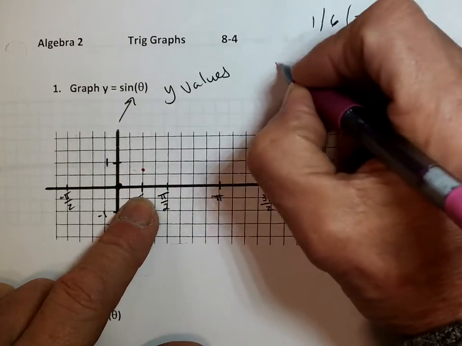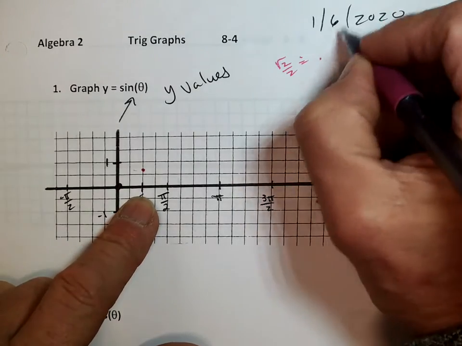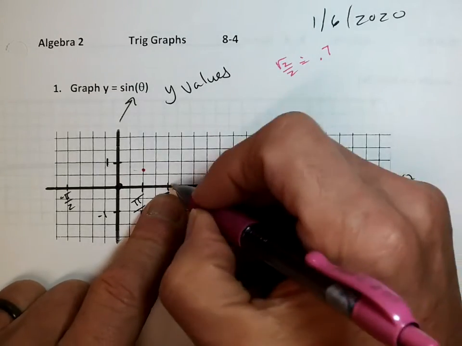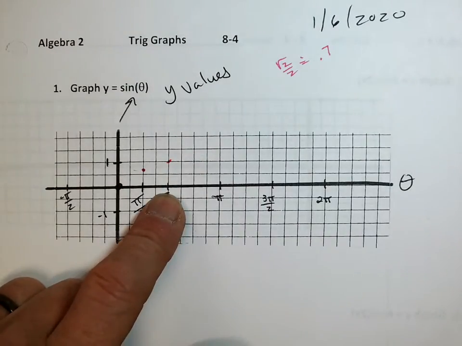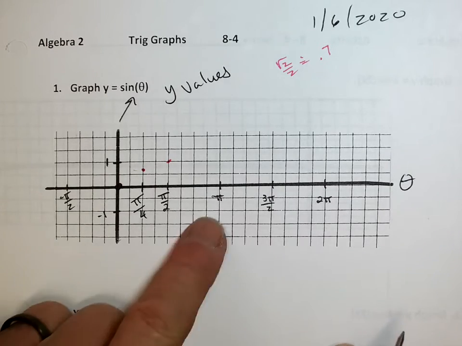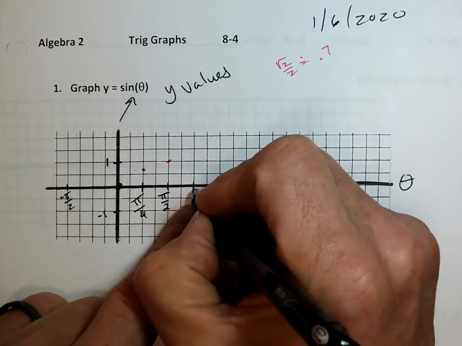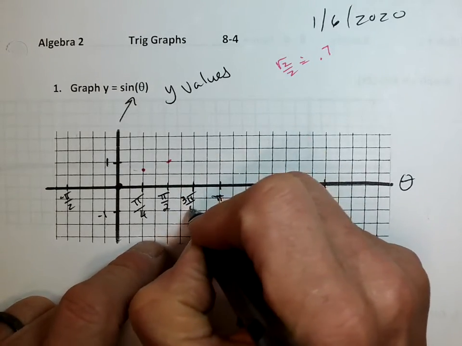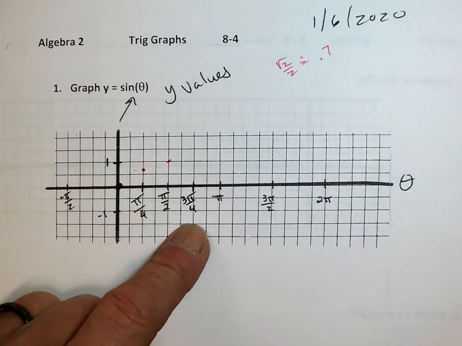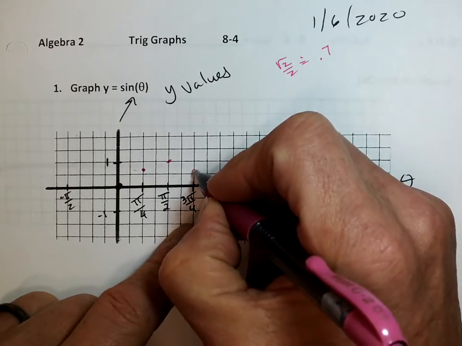Pi halves, the y value is 1. We're getting that from the unit circle or from your chart that you just did in your book. Now 3 pi fourths is right about here, and the value of 3 pi fourths is square root of 2 over 2, which is about 0.7. So we'll put a dot right here.